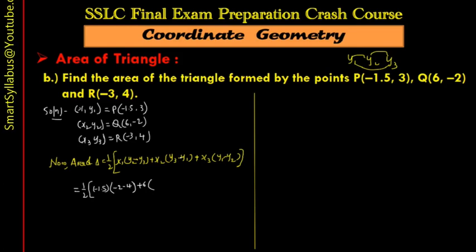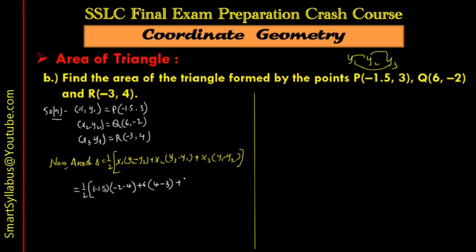Inside the bracket, y3 minus y1, y3 is 4, y1 is 3, so 4 minus 3, plus x3 is minus 3. Inside the bracket we have y1 minus y2, y1 is 3 minus y2 is minus 2. Now complete the bracket.